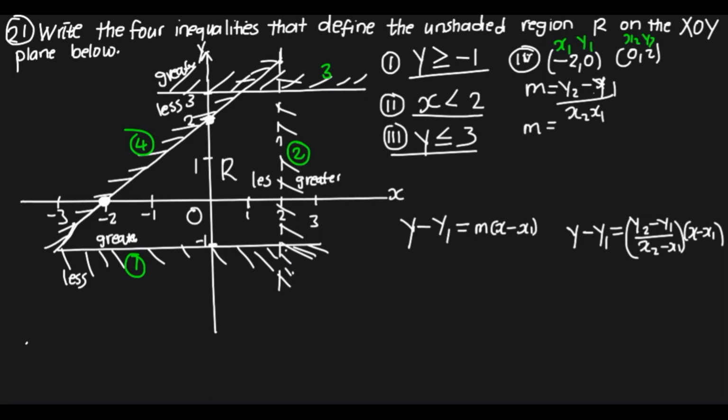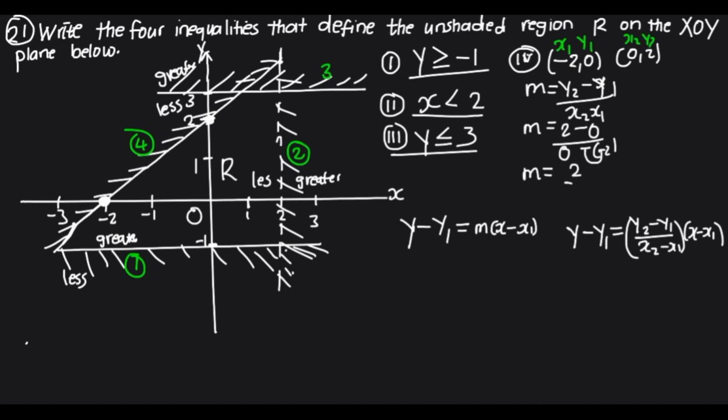From the numbers, y2 is 2 minus y1 which is 0, over x2 which is 0 minus x1 which is negative 2. So 2 minus 0 is 2.